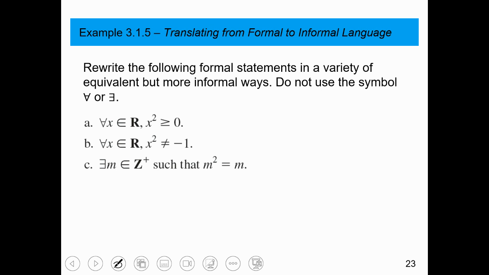Do not use the symbols for all or there exist. Do not use the universal quantifier or the existential quantifier. As a matter of fact, I encourage you to try to write these sentences without mathematical symbols at all. Pause this video and see if you can do that.